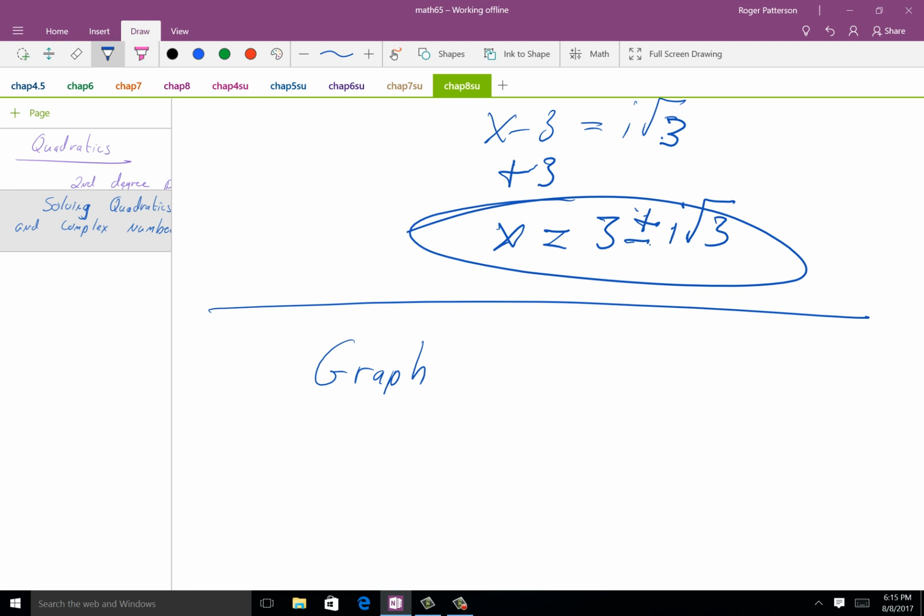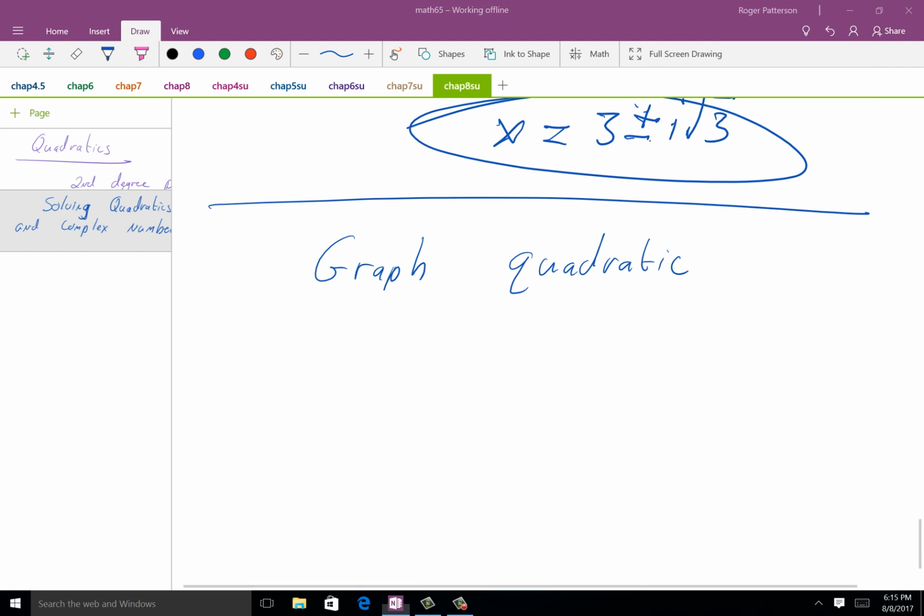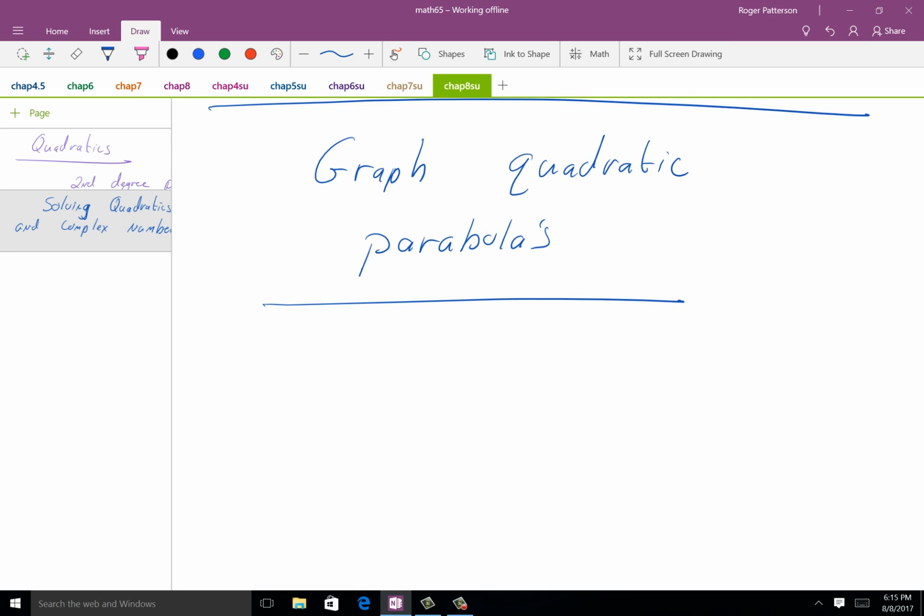Let's analyze the graph of a quadratic. We've already seen some. They're called parabolas. We know we're going to get some sort of an arch shape.